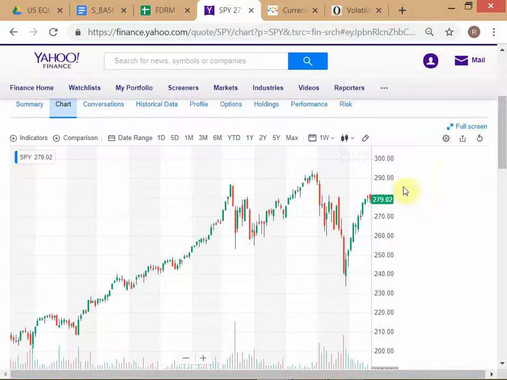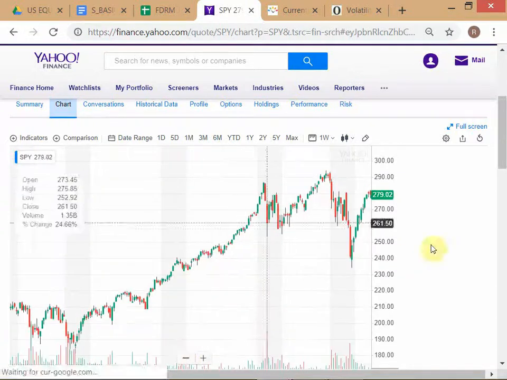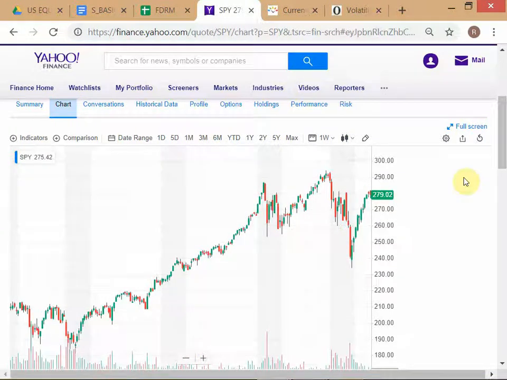So the price is 279, and if I buy, let's say, 280 puts and I buy 280 calls, and if the market shoots up straight to 300, what's happened to the 280 puts? They are pretty much worthless now, because what's the point of owning the right to sell at 280 when the market is at 300, right? So the puts have lost value.